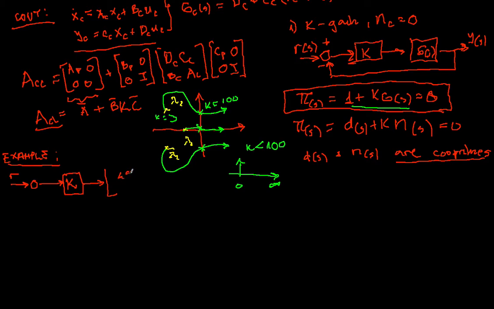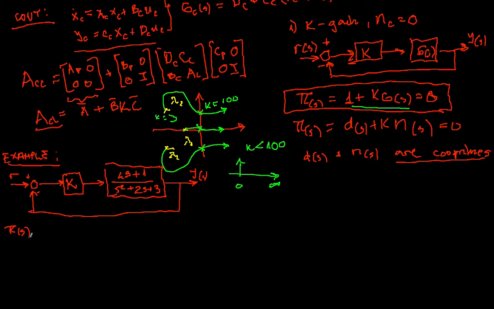Let's assume that the transfer function is 4s plus 1 divided by s squared plus 2s plus 3. Okay, we already noticed that this is the classical closed loop system representation. This is plus, this is minus, and the characteristic polynomial is the way to check the stability.